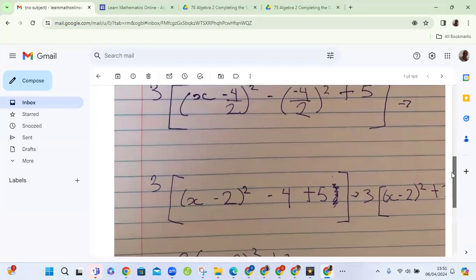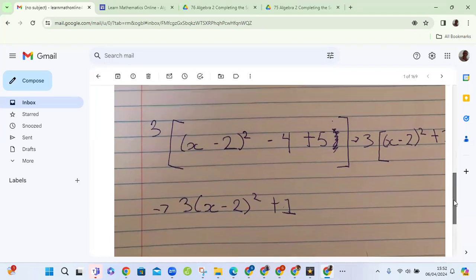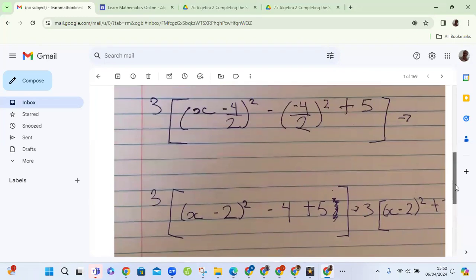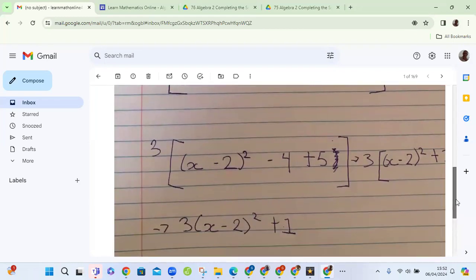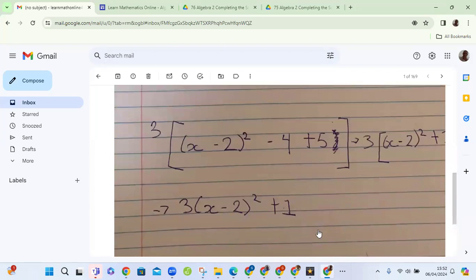And now we have to clear that square bracket. Don't forget, we have to clear that square bracket by multiplying 3 to that curved bracket. It will stay outside there. And 3 multiplied to that 1.